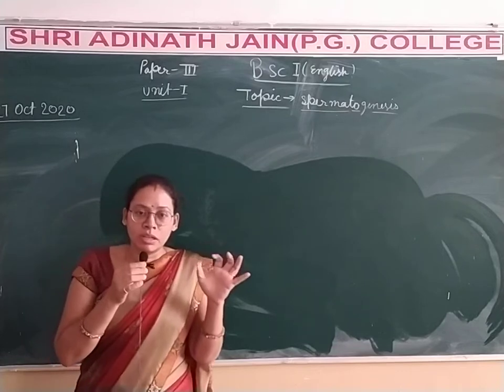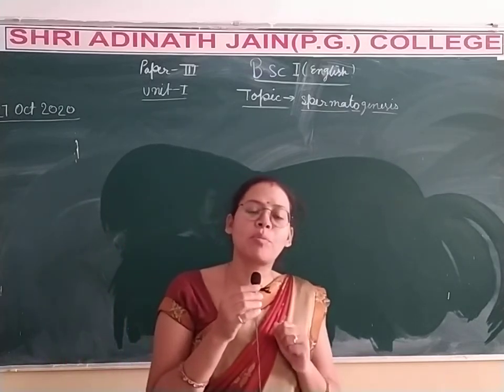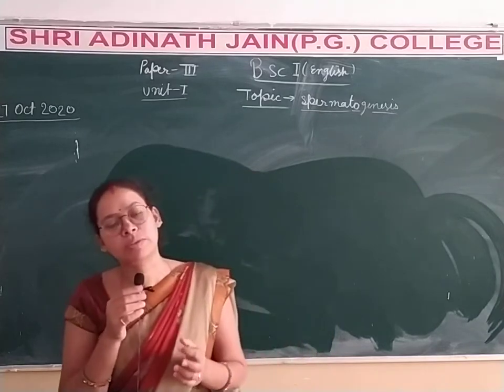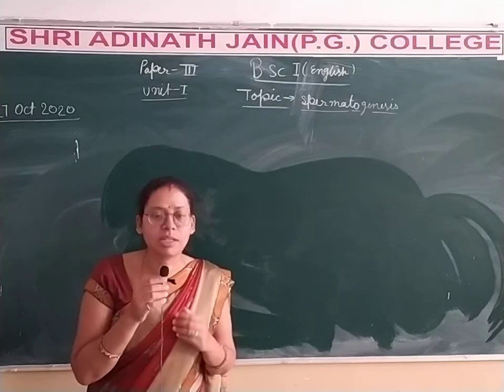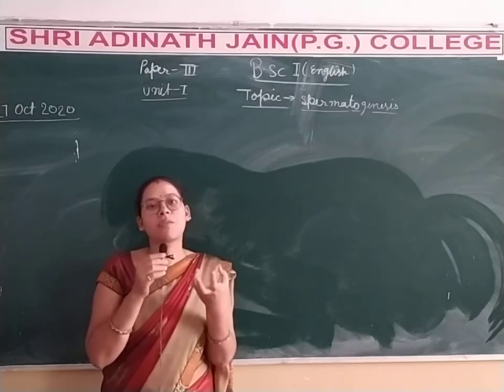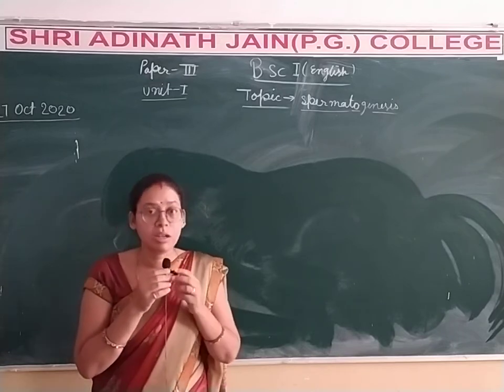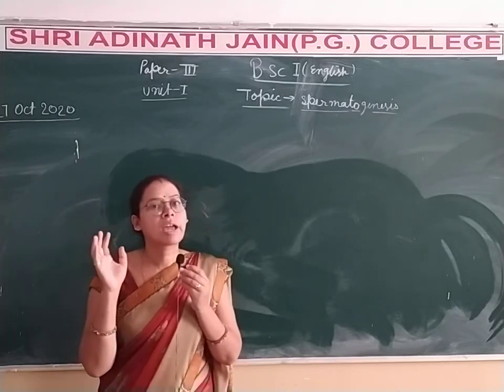Then the 2 secondary spermatocytes enter into the second maturation division, and due to this division, they form the 4 spermatids.